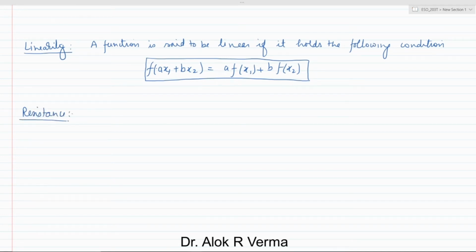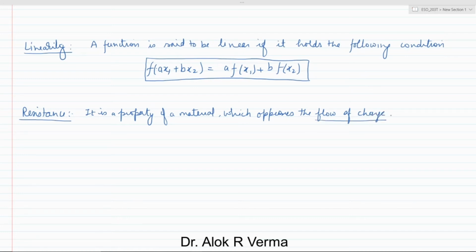So what is the resistance? Resistance is a property of a material which opposes the flow of current or charge. Flow of charge is nothing but the current.